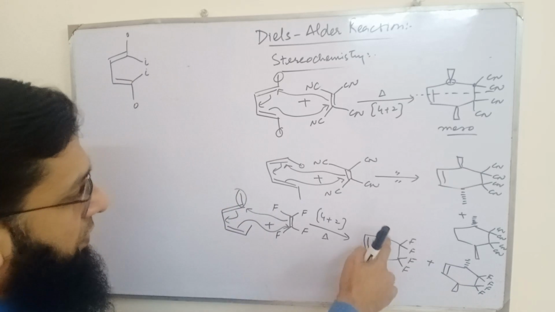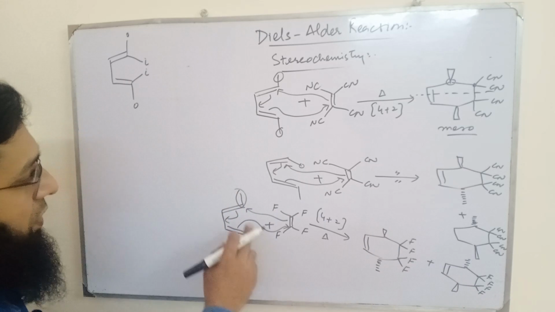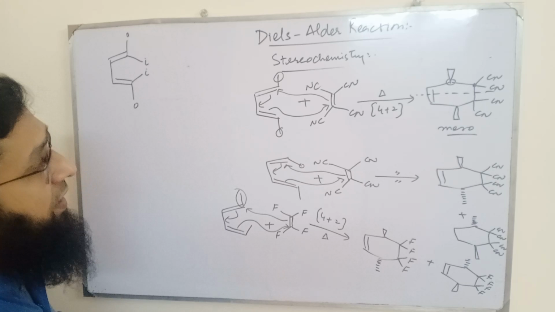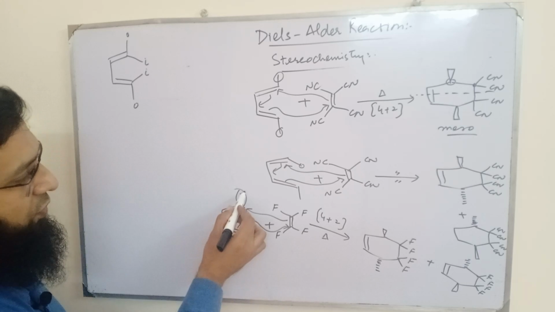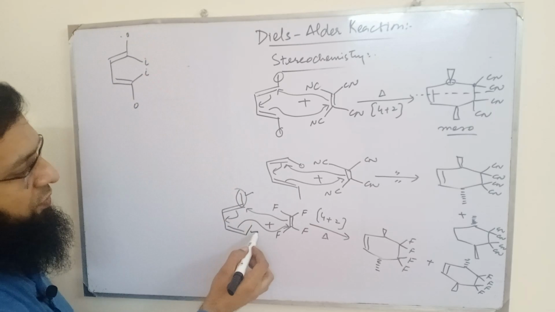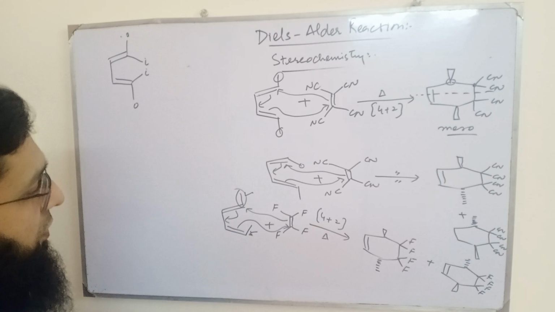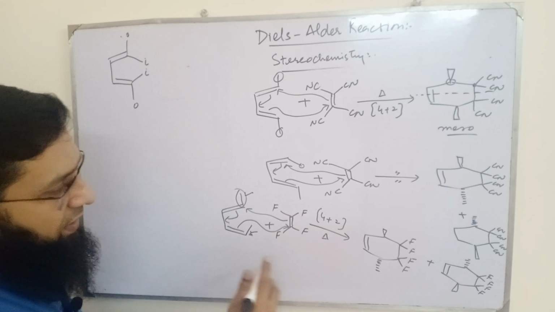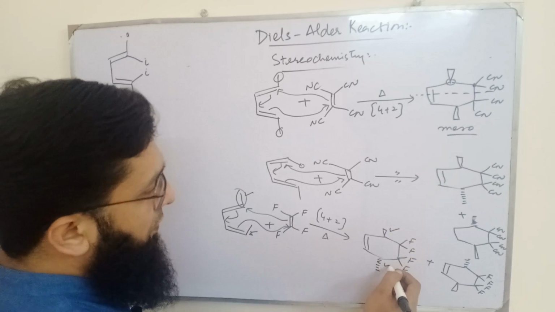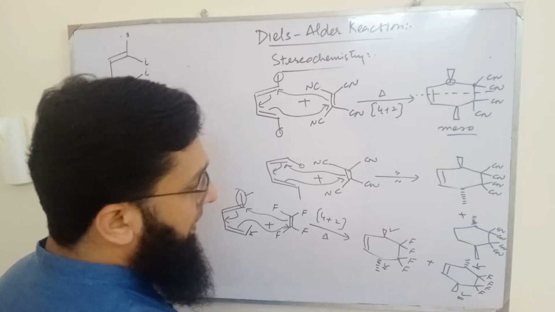And why do these two substituents have different or opposite stereochemistry? Because we know that the Diels-Alder reaction takes place via retention of configuration, and one of the groups is on the outside of the diene and the other group is towards the inside of the diene, so they both have opposite configurations, and this would be translated into the products as well. So it would be above the plane, it would be below the plane, and if it is below the plane, the other one would be above the plane.